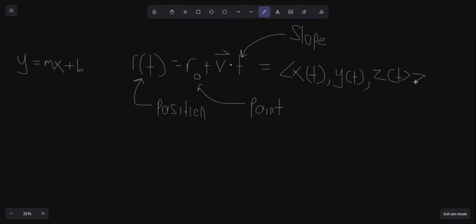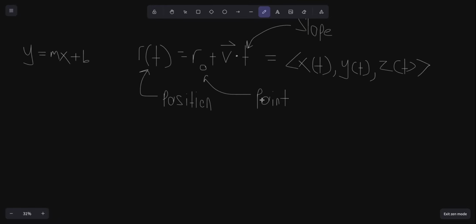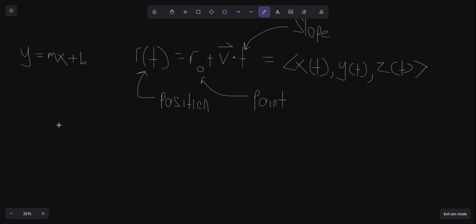Okay. So we're going to see how we're able to convert from these specific parametric equations, the parametric equation for each component, into the specific form of it. So let's say that we have a point. Let's call this R0. Let's make this easy. Now let's say that this point is currently at (1, 2, 2).